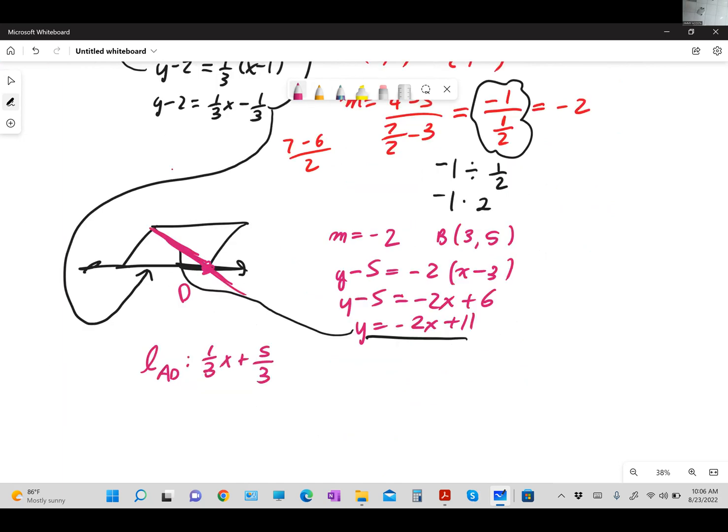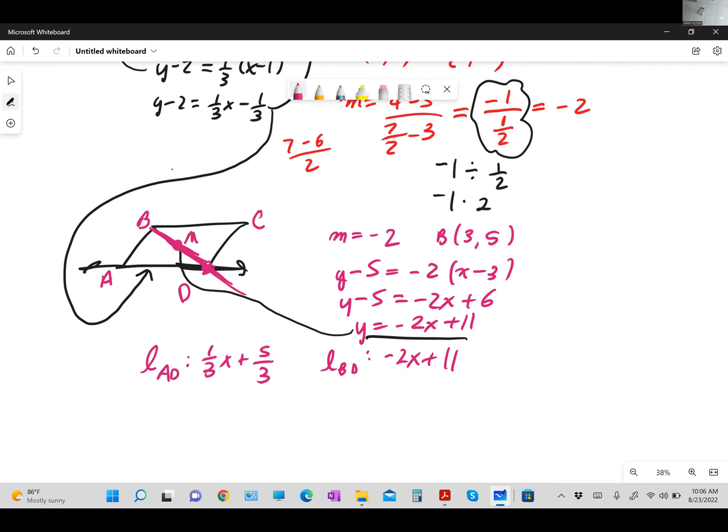And you have now the diagonal line, let's call it BD, because it does meet down here. This is B, this is A, this is C, this is the midpoint, which we don't care about anymore. Right?